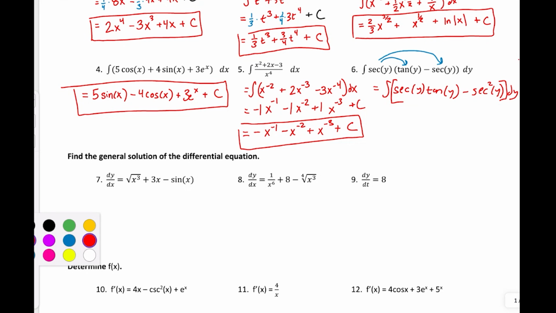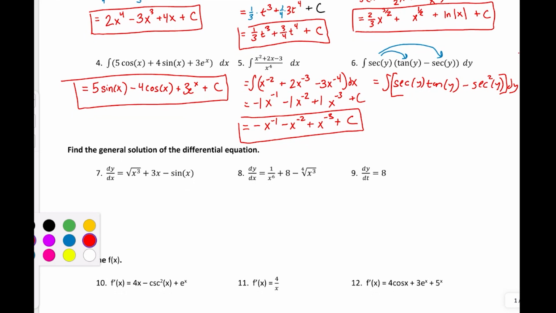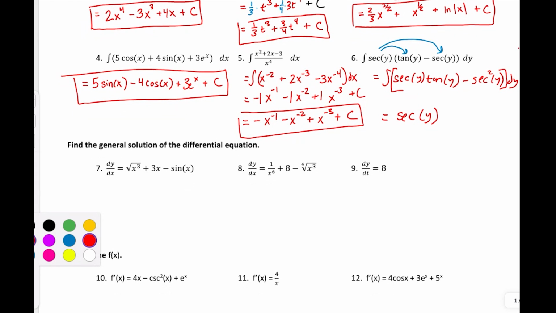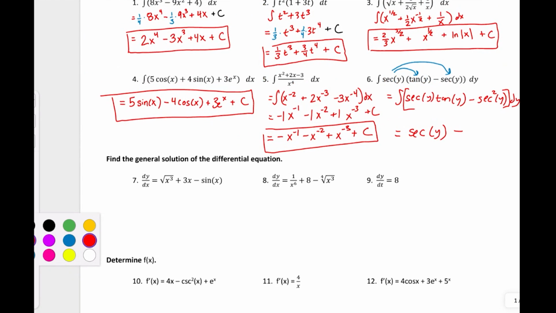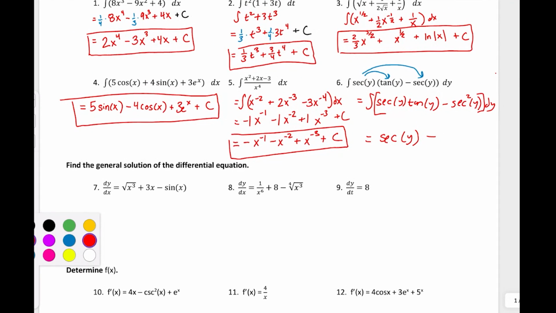The integral of secant times tangent is secant. So this is going to equal secant of y. And then the integral of secant squared is tangent. So this is going to be minus tangent of y, and as always, we include the plus c.